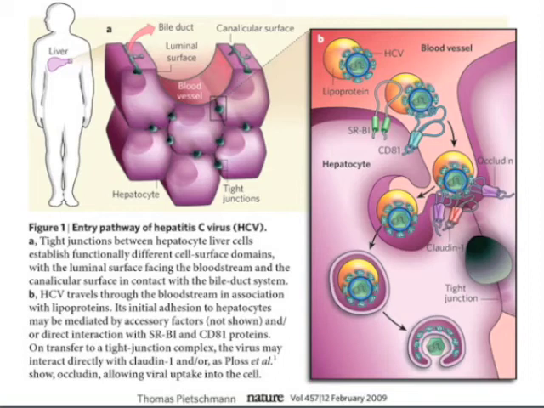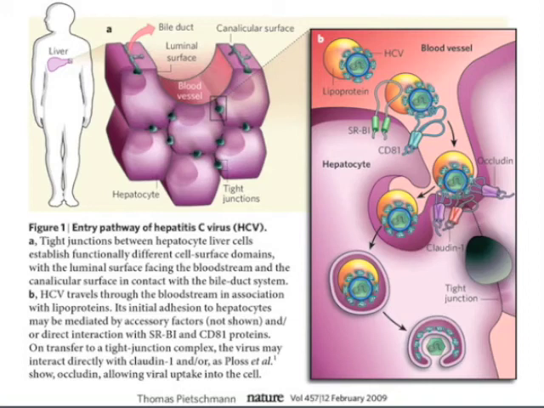And over here on the right is a cartoon of what's thought to occur, and that is that HCV is coated with lipoproteins. It binds to other things like glycosaminoglycans, possibly the LDL receptor. It interacts initially with scavenger receptor B1 and CD81, and then it goes down, it's thought, down the side of the hepatocyte, where it encounters these proteins, occludin and claudin 1, that are associated with these tight junctions.